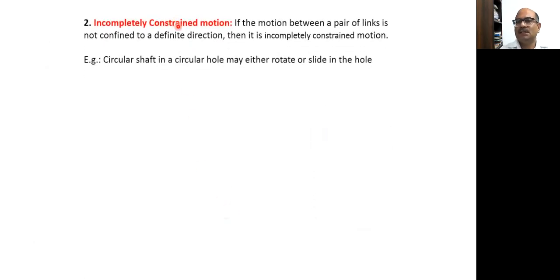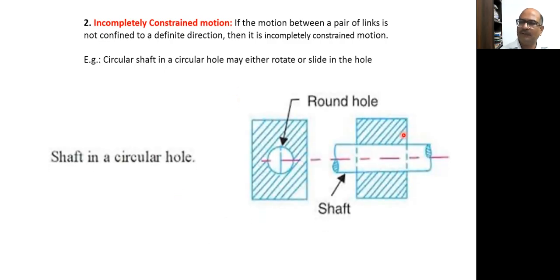Now, incompletely constrained motion is when the links are not confined to a definite direction, like a circular hole and a shaft being put. So you can understand that if the circular hole is available, the shaft can rotate and the shaft can move in this direction.